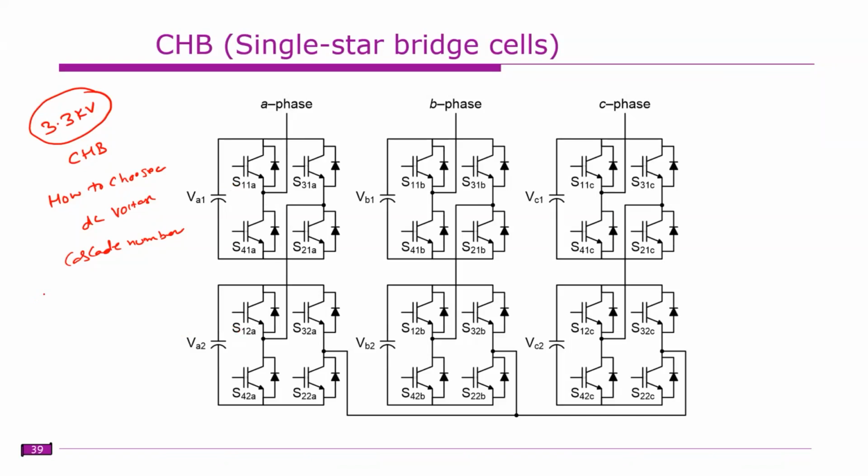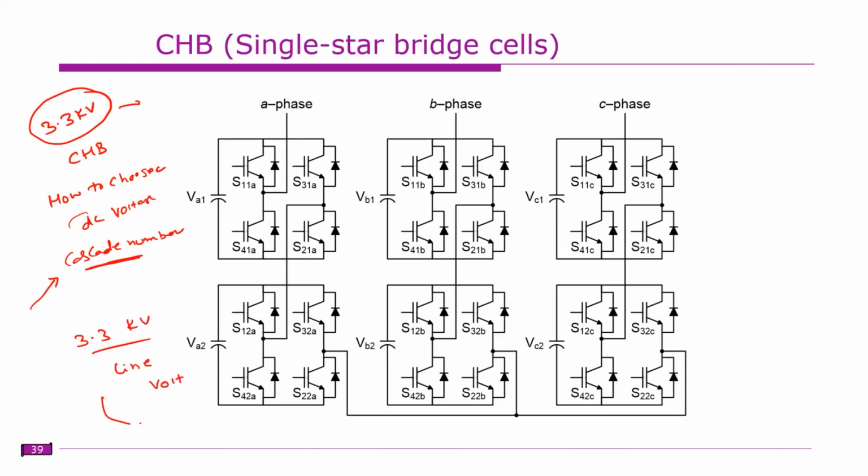First, if you fix the cascade number, you need to choose the DC voltage, for how much voltage you are supposed to get. Since nothing else is given, 3.3 kV is the line voltage.